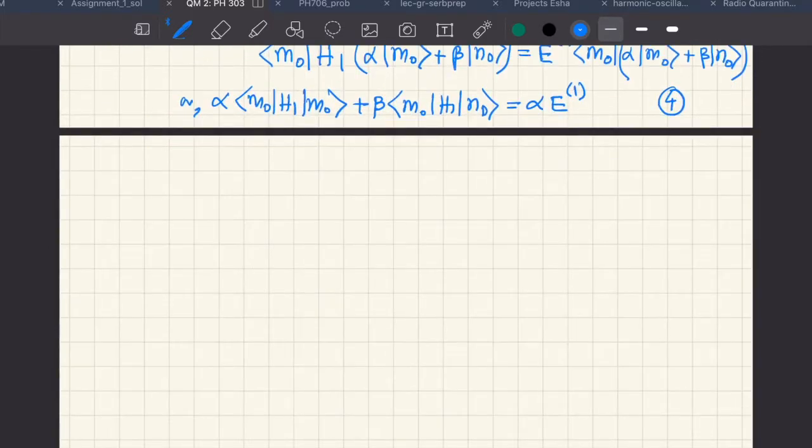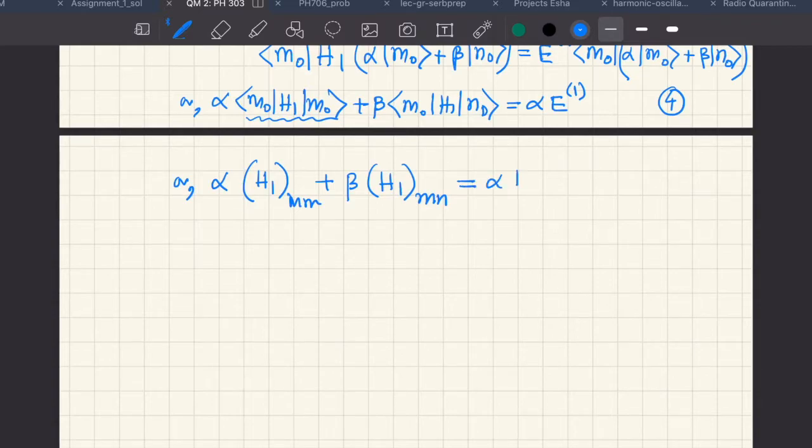So this is one equation which we can write in terms of the matrix elements as alpha times this object here, which is nothing but H1 mm, the mmth matrix element of the perturbation matrix H1, plus beta H1 mn, which is equal to alpha E1.